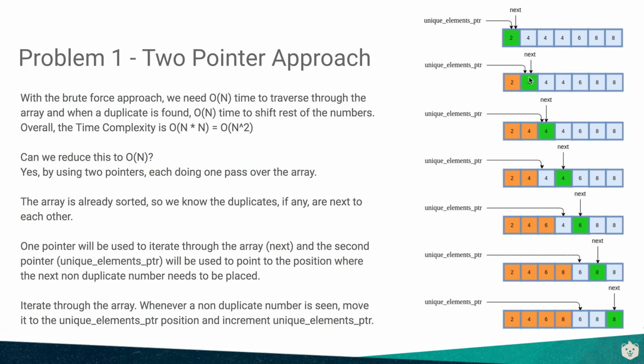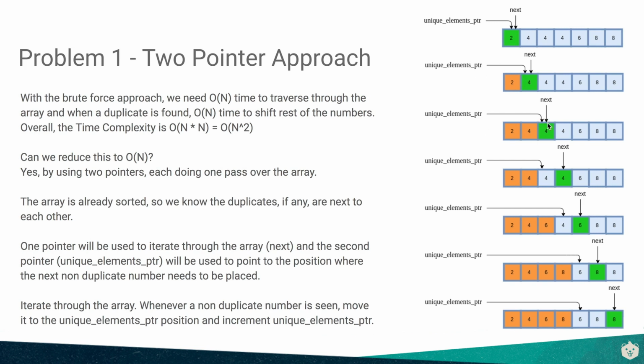Once the next reaches there, it will compare the element there with the element at the unique element pointer. Okay, in this case, you saw it was unique, you moved the next, and you moved the unique pointer as well.